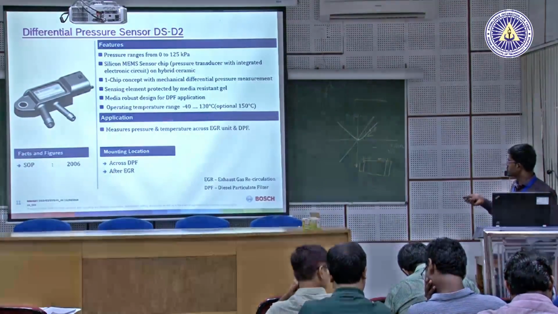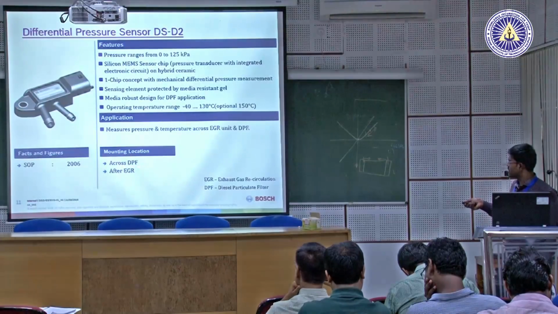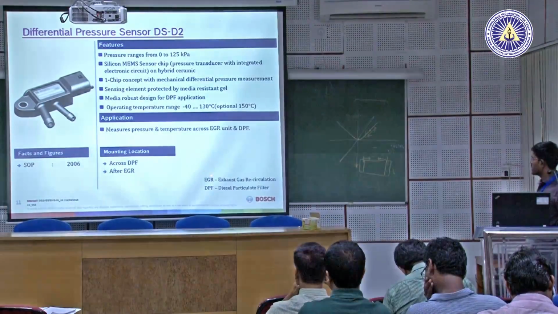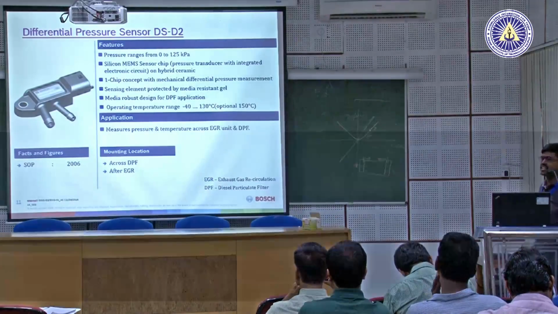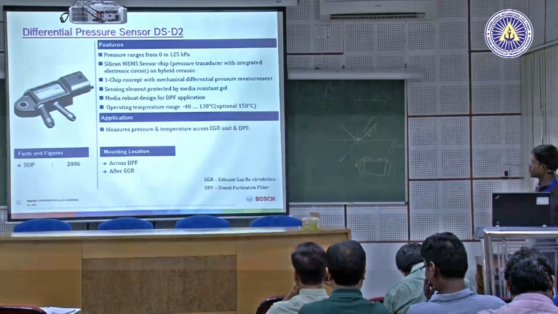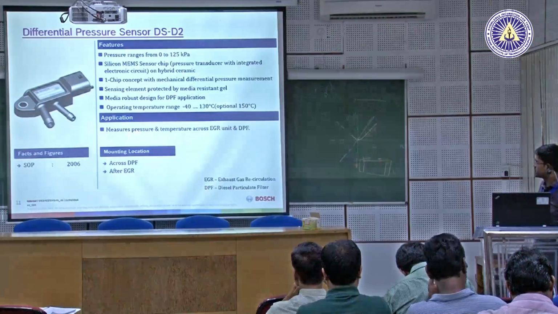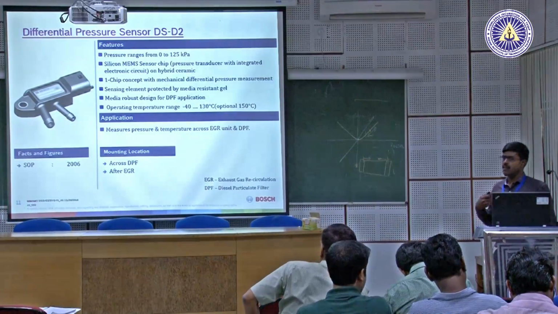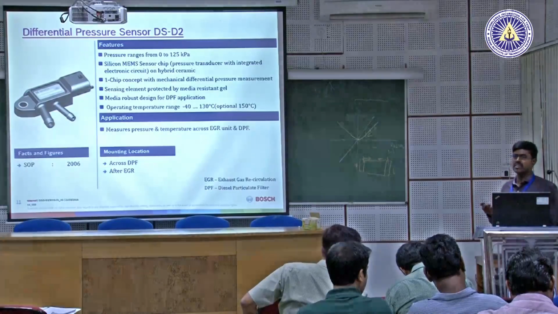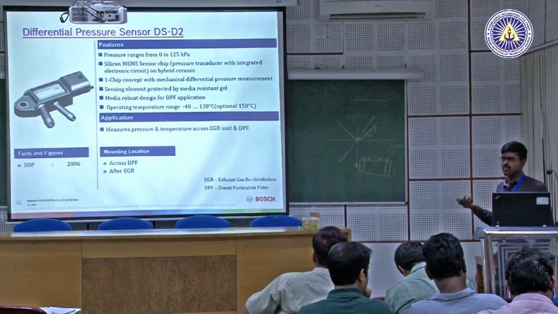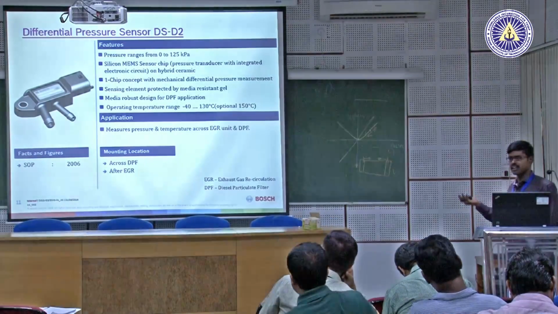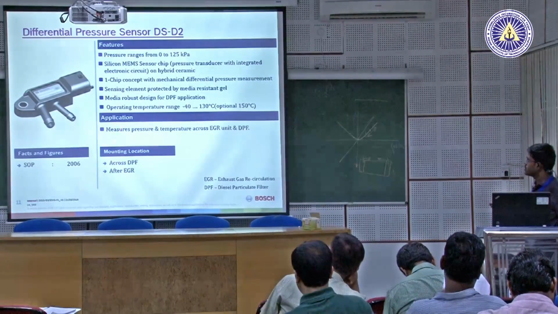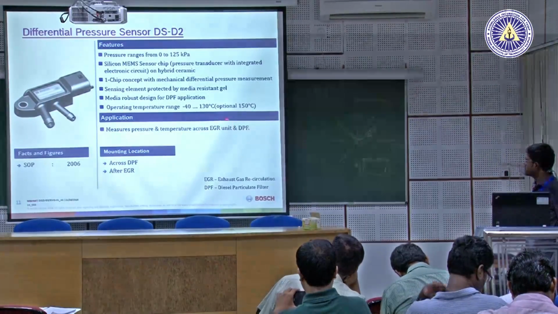It is used across the DPF and EGR, that is the diesel particulate filter in the layout, and the EGR, exhaust gas recirculation unit. It measures the pressure and temperature. Anyway, all the pressure sensors are integrated with a temperature sensor also. It works on the principle of NTC, which will come later in the next slides. So, pressure and temperature across the EGR.